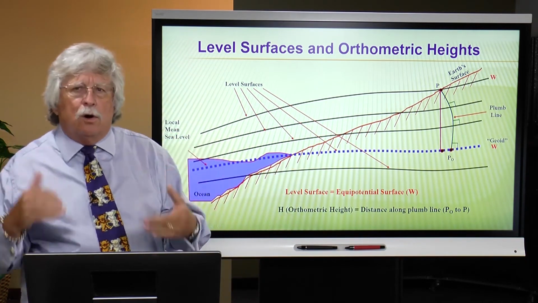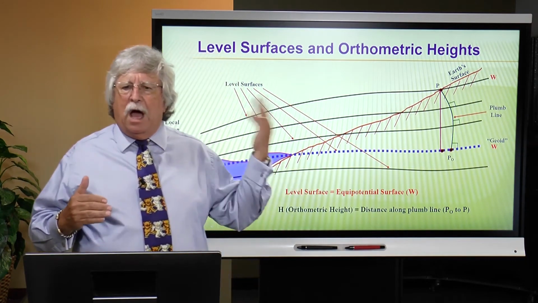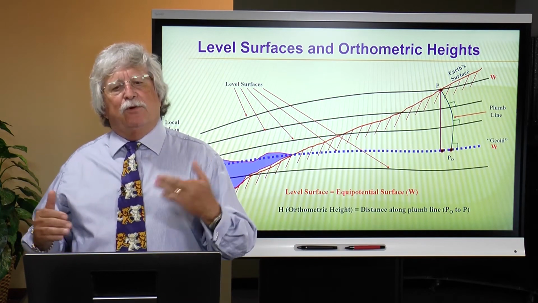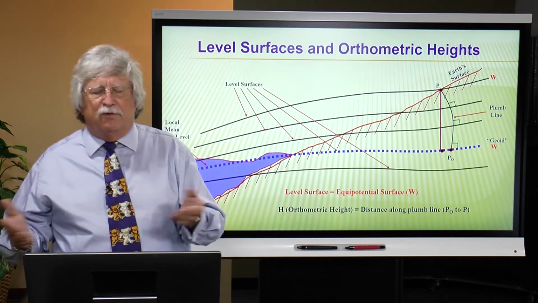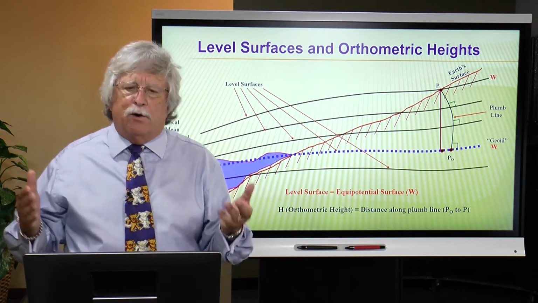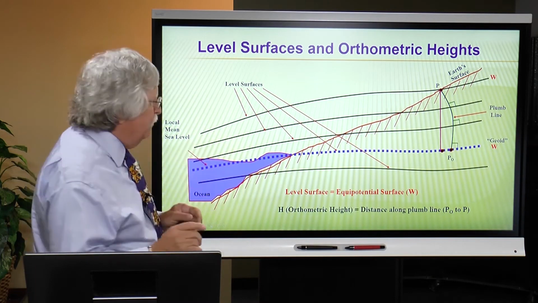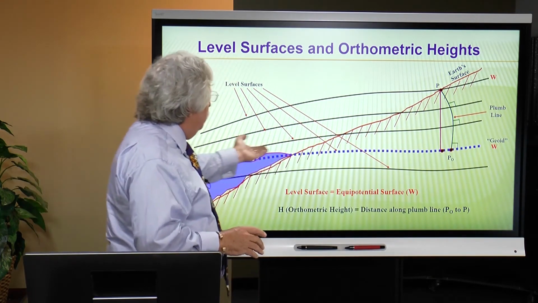So what occurs is we have a series of what are commonly referred to as equal potential surfaces. And they're referred to as level surfaces, meaning that if I have an equal potential surface, I define some surface, water does not flow along that surface. So here's an example. We have selected this dotted blue line.